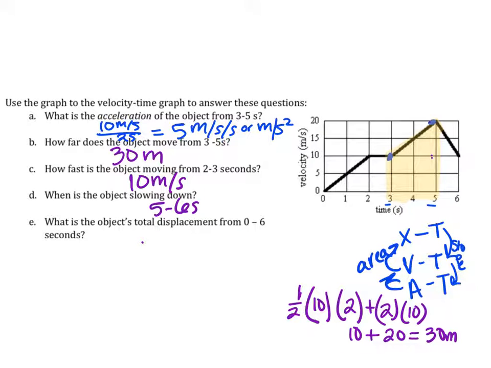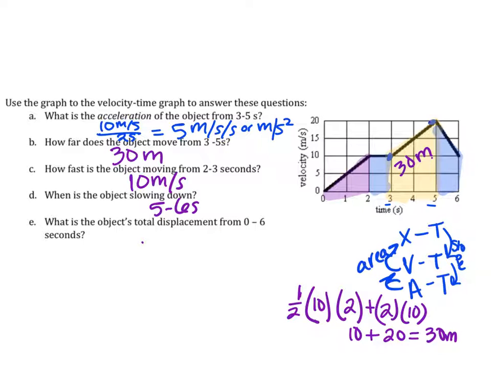We've already found this yellow section to be 30 meters from part B. Now we want to find the rest of it, so we are going to divide up. We have this triangle in the beginning, then a rectangle, and lastly a triangle and rectangle combo at the end. Find the area of each part and then add it all together.